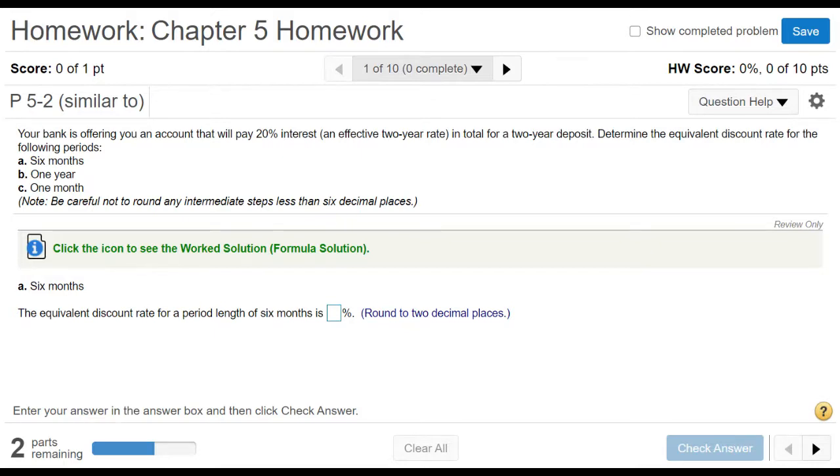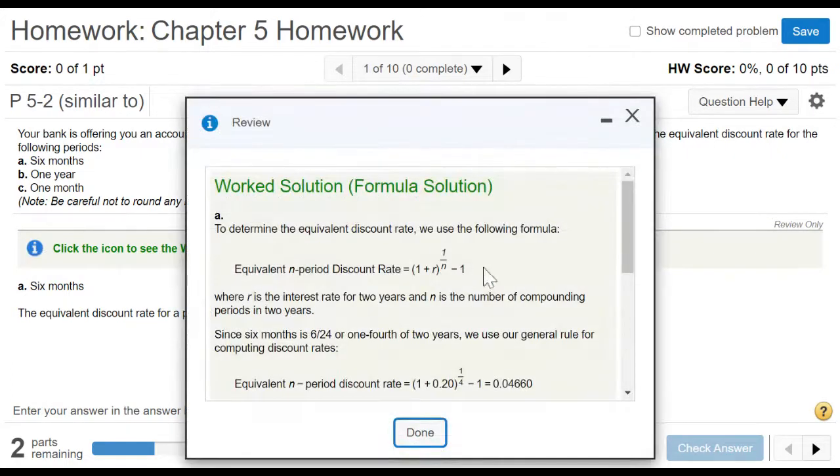This is much easier showing you the formula and explaining how it works. What we need to know is this formula here in the nth period, which was in the lecture, but they don't really show you too much on that.